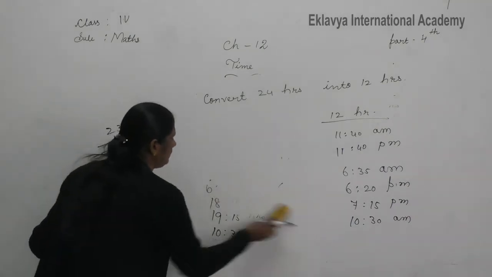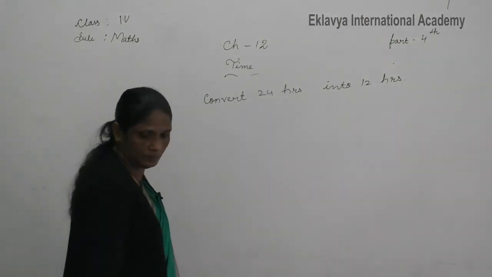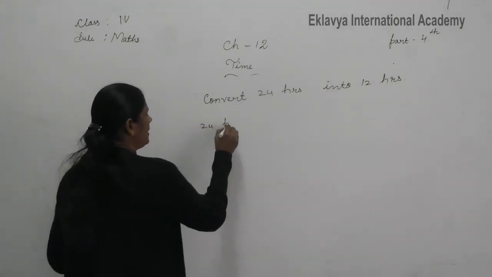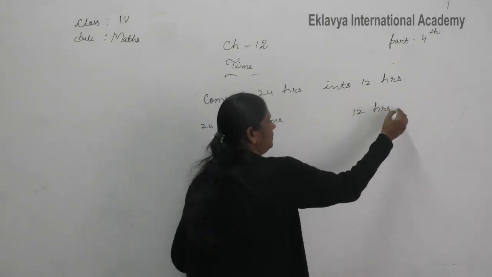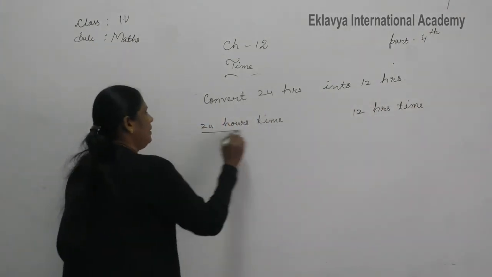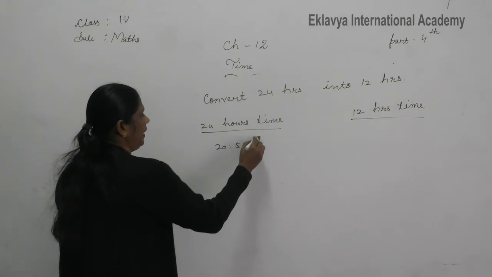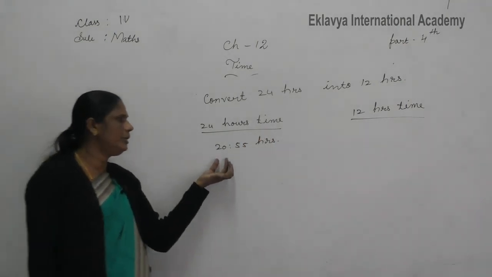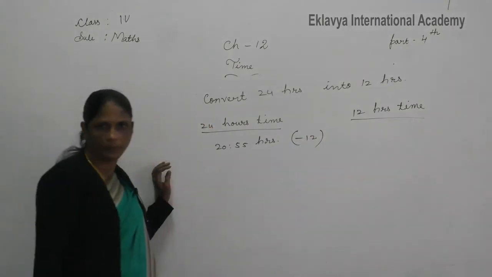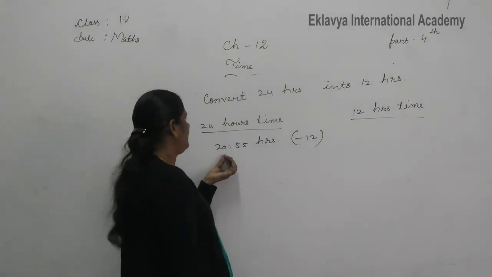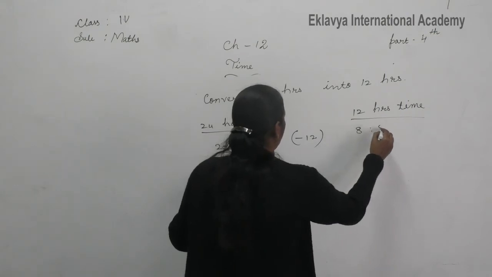Again, here 24 hours time, here 12 hours time. 20:55 hours. We subtract 12 and write 8:55 PM.